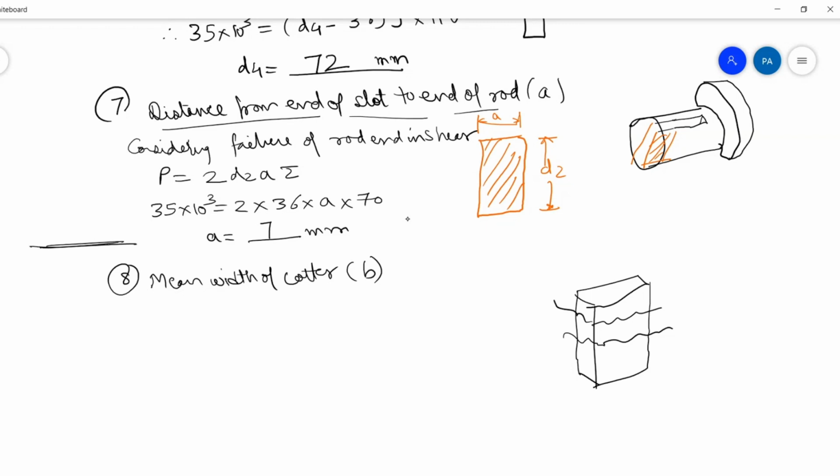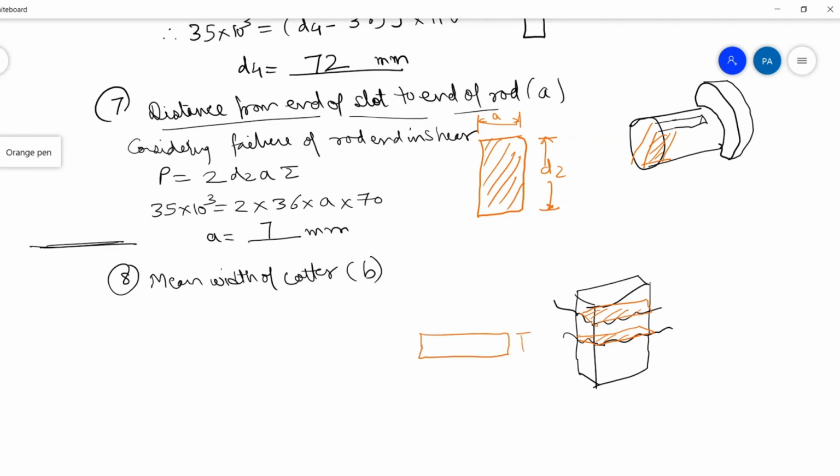So we'll get this failure here and this failure here. So if I draw, the sketch will be something like this.